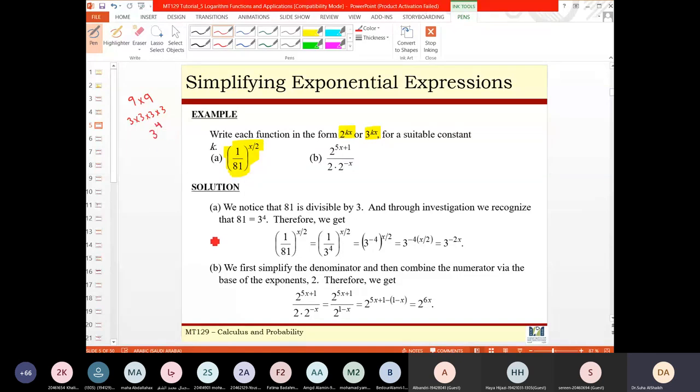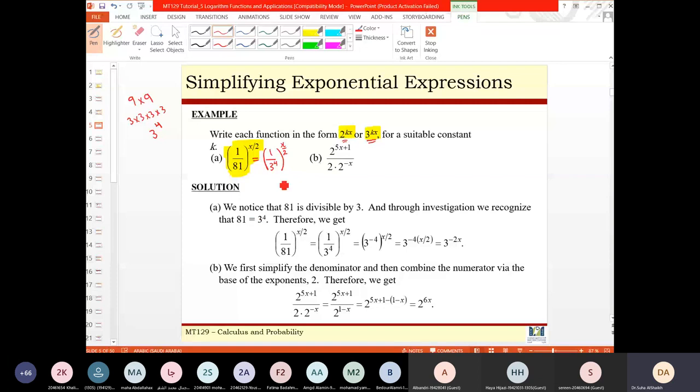It's 3 to the power 4. Good? So this can simply be written as 1 over 3 to the power 4, everything to the power x over 2. Why do I change it to 3? Because they said they wanted it to be either 3 to a power or 2 to a power. So this is 3 to the power 4.